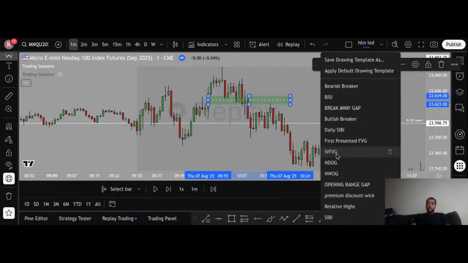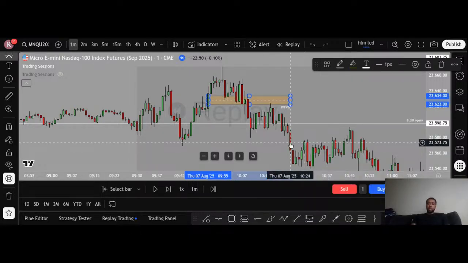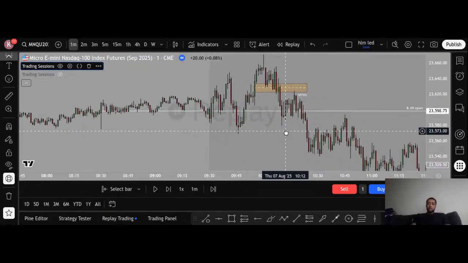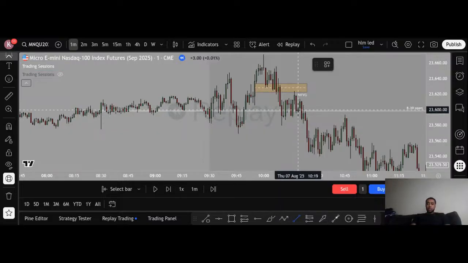This example, it used it perfectly. Pull it back to the inverse, creating a change in the state. This bit right here.